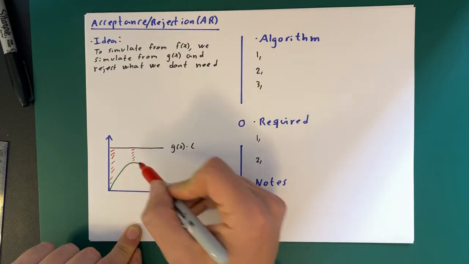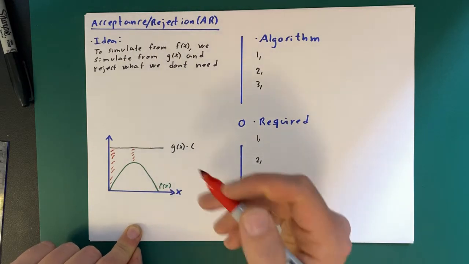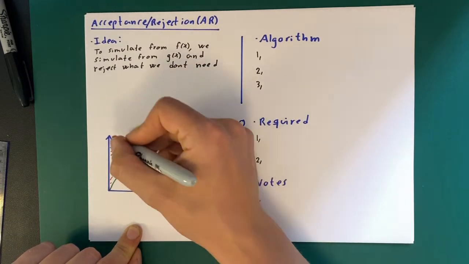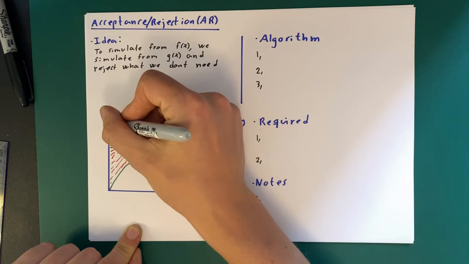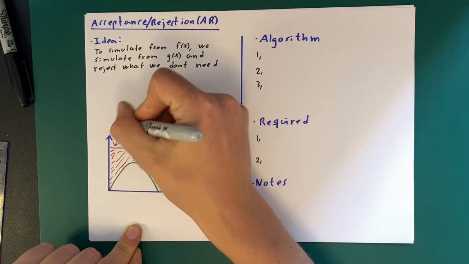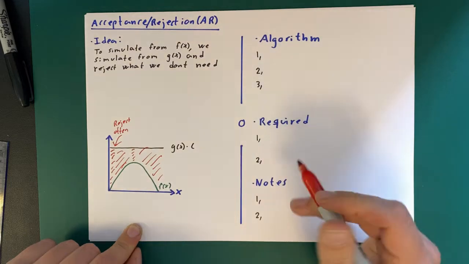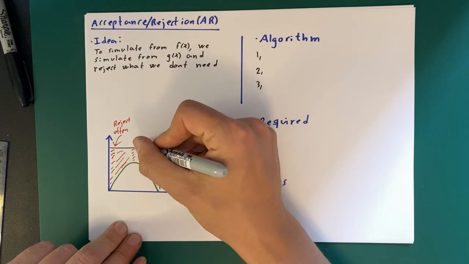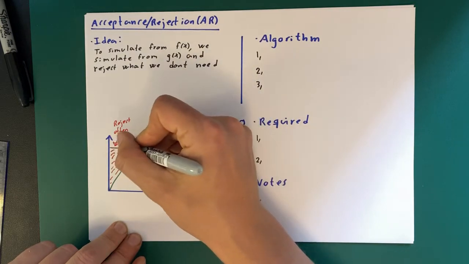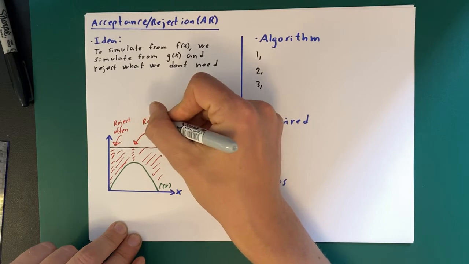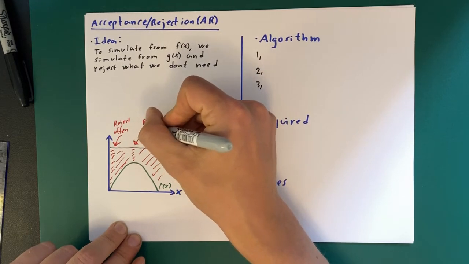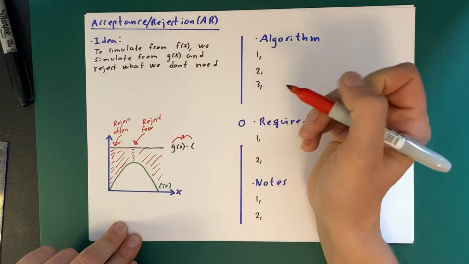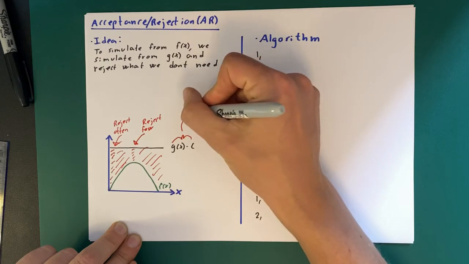But over here we won't have to throw away quite as many samples, so if we just color in all of this, then over here we want to reject often, so we want to take a lot of the samples we generate from g of x and throw them away, while here we will want to reject only a few samples. And specifically, terminology wise, this is called the envelope.